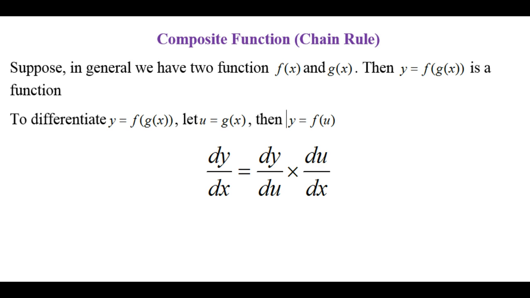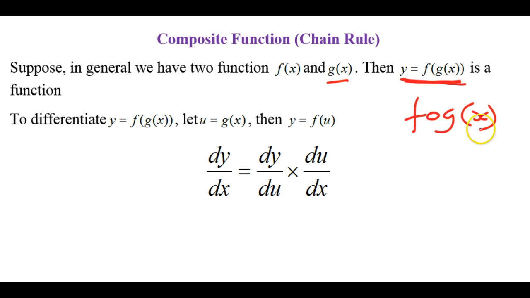So, suppose in general we have two functions. Let's say f of x and g of x. Then, if I compose the two functions as f of g of x, then I can have another function. Remember that in composite function, this will be the same as saying f of g, that is f of g of x.